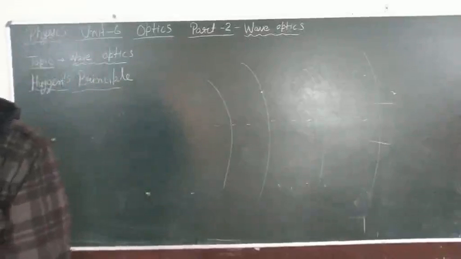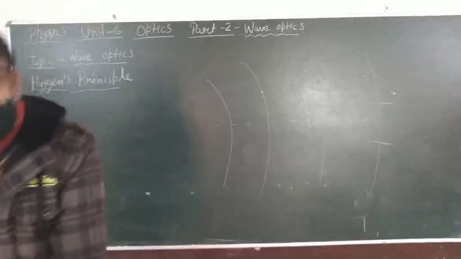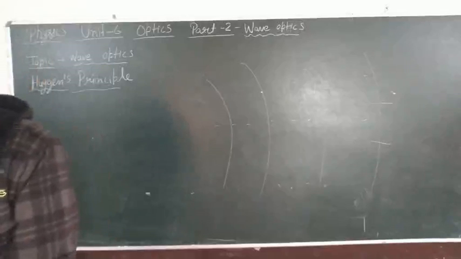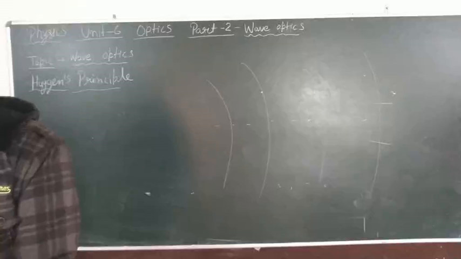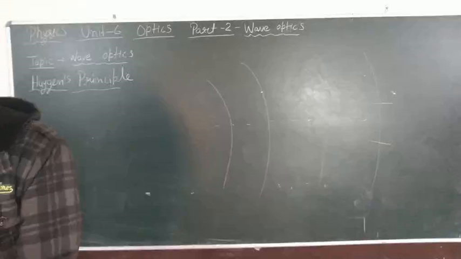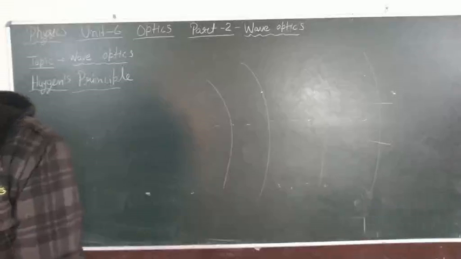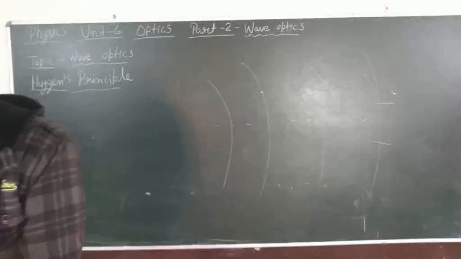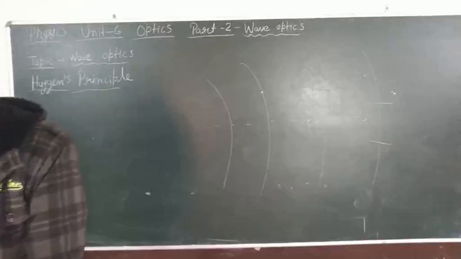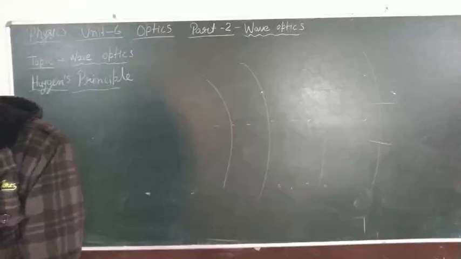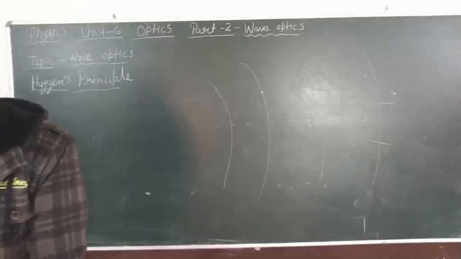According to Huygens principle, there are two postulates taken by Huygens, in which the first one is: each point on a given wavefront acts as a source of a new disturbance called the secondary wavelet, which also travels out in all directions with the same velocity as that of the original wave.